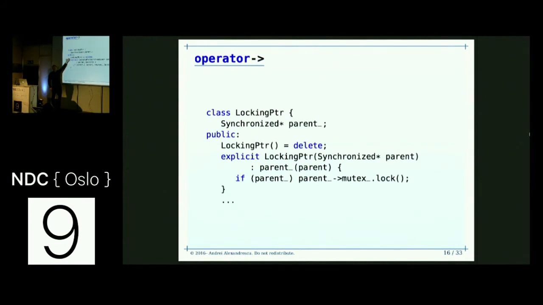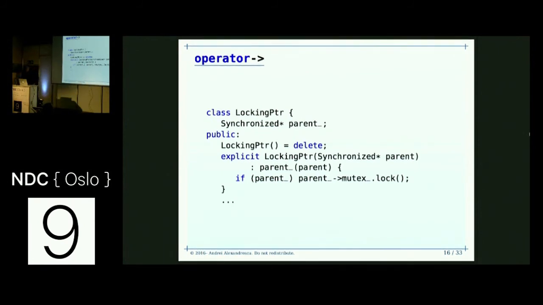It doesn't make sense to create a default locking pointer object. Its only raison d'etre is to be created as a temporary from operator arrow from the synchronized object. So simply, locking pointer takes a Synchronized star parent, stores the parent, and does mutex lock. Boom. So that's my locking pointer.